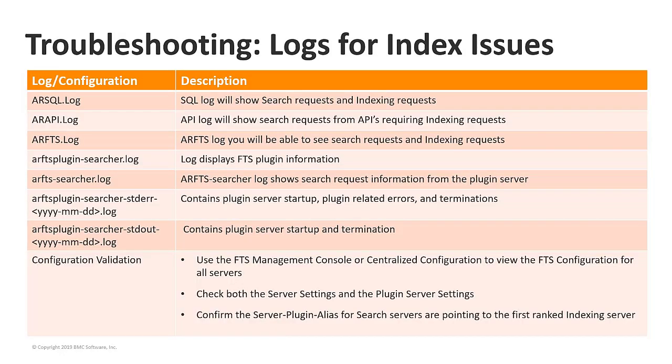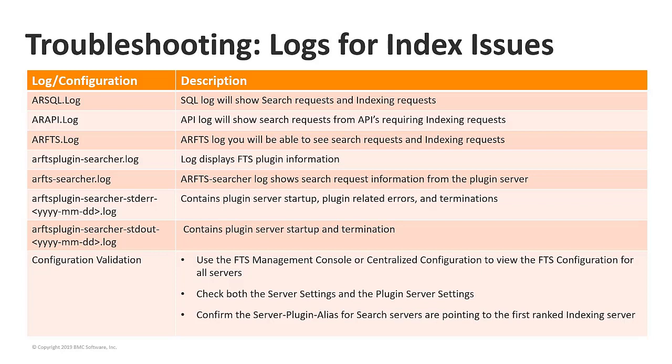Which logs should you review when troubleshooting FTS search and indexing issues? The AIR SQL log will show you search requests and indexing requests, as will the AIR API log. The AIR FTS log will show search requests and indexing requests. The AIR FT index log will show you ongoing index and reindexing.